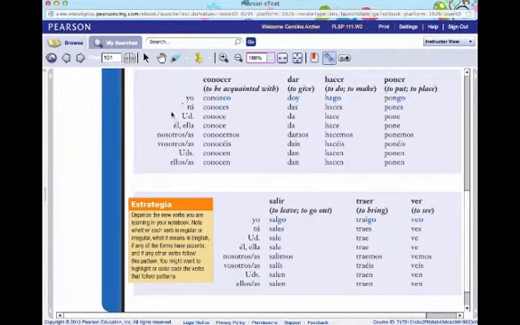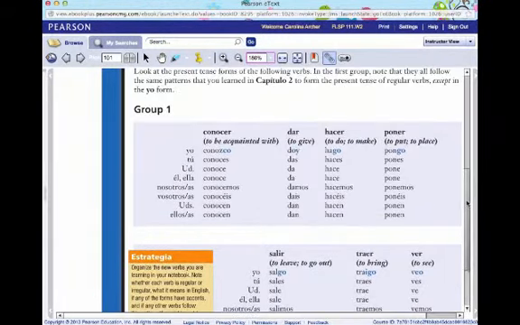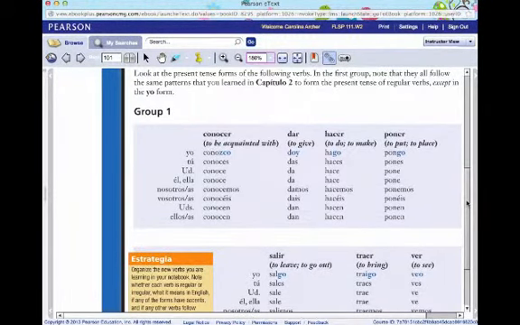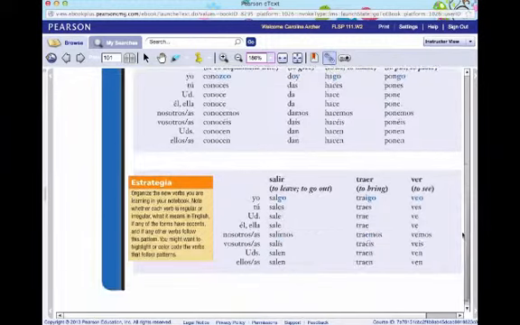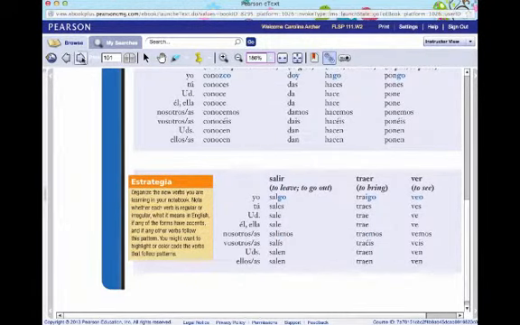The rest of the persons conjugate like the regular verbs that you learned in the last chapter. See, the endings are the same: es, emos, éis, en. So the only one that is going to be irregular is the yo form. That is the one group of irregular verbs, the ones that are irregular only in the yo form.